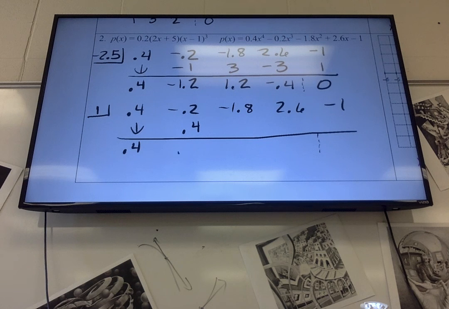Add those, I get 0.2. 1 times 0.2 is 0.2. Add those, I get negative 1.6. 1 times negative 1.6 is negative 1.6. Add those, I get 1. And 1 times 1 is 1. I get 0.